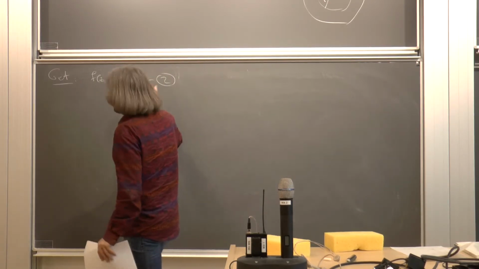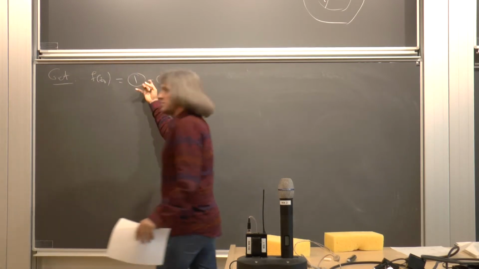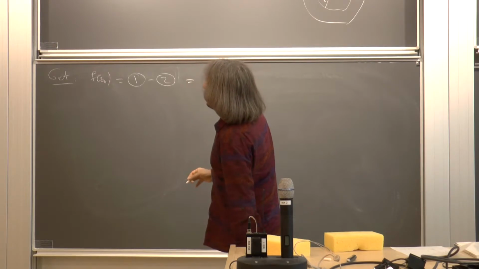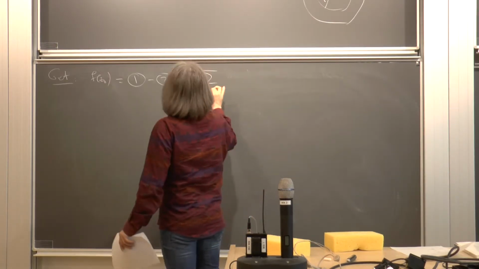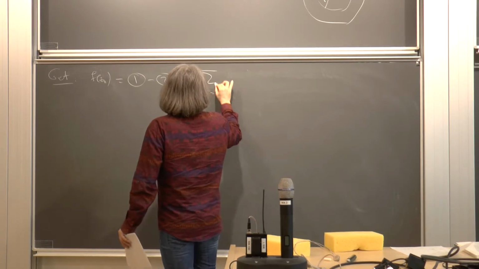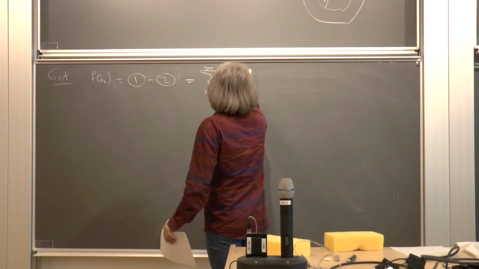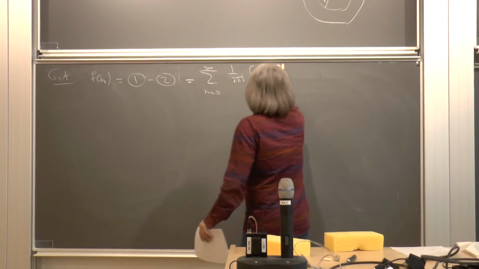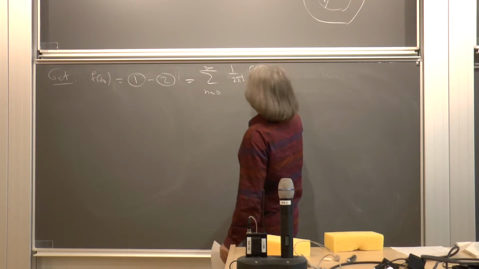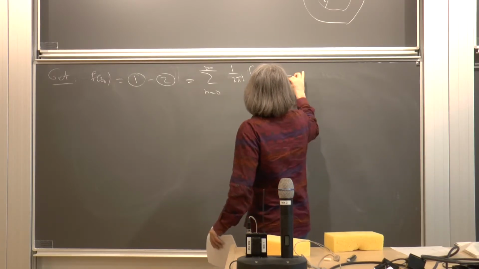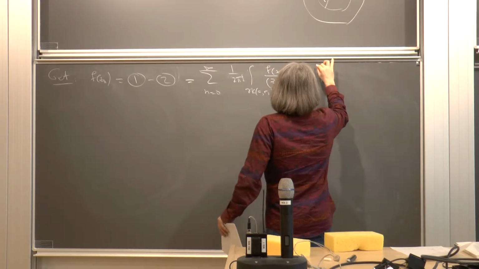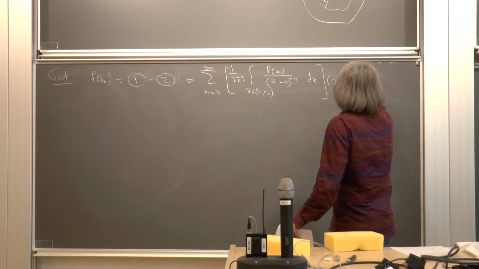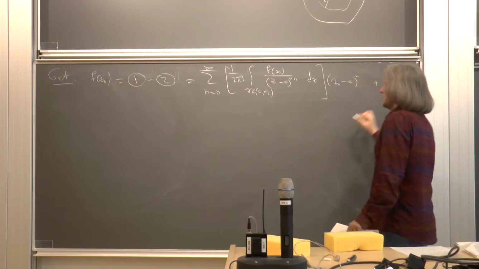And notice that 2 comes with a sign minus, and there's another minus here, so they cancel out. So then this becomes what you have on top, plus what we have here.